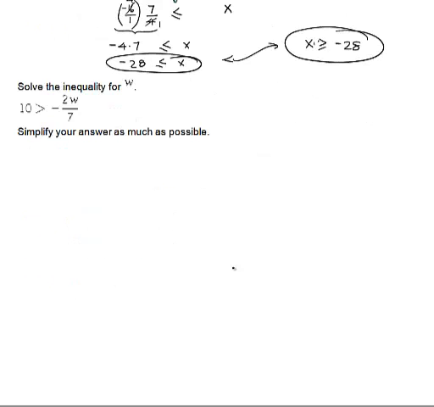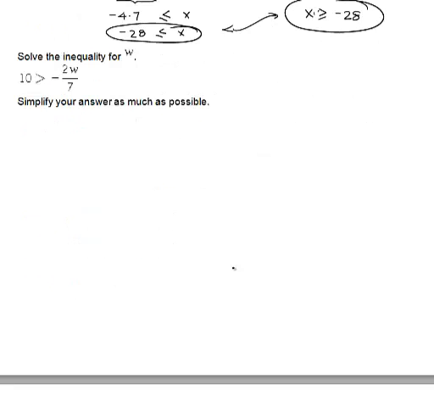Let's try another one here. So I have 10 is greater than negative 2w over 7. I'm going to rewrite my problem as 10 is greater than, and since w is in the numerator, this is my coefficient, a fractional coefficient, negative 2/7 w.